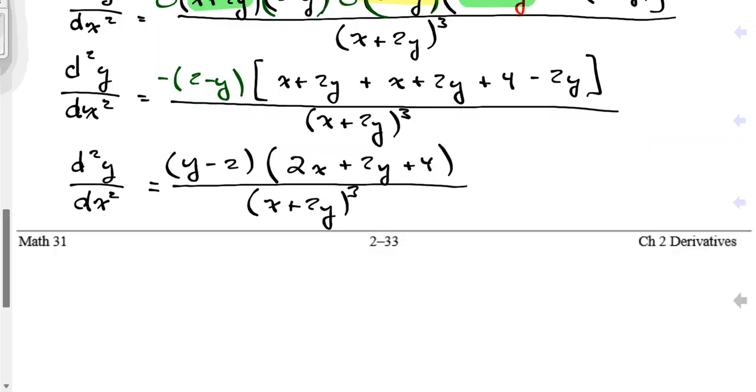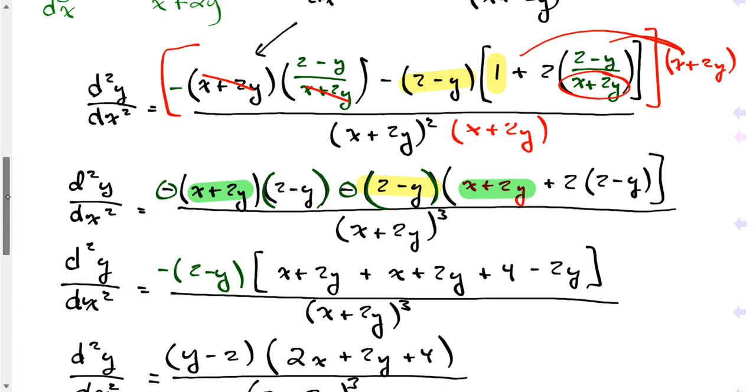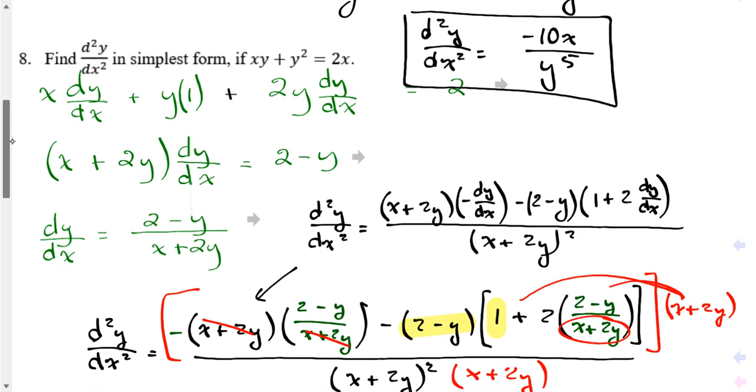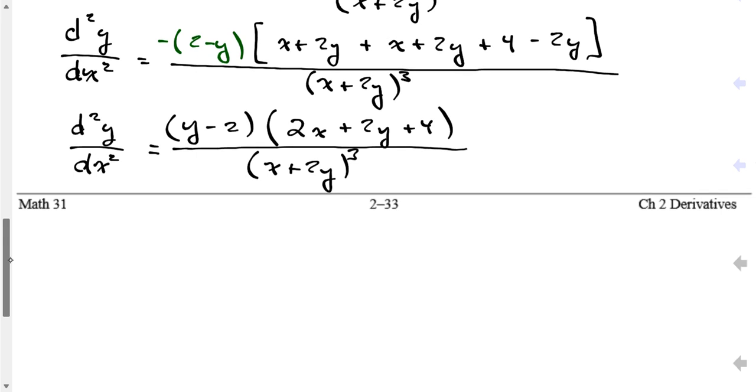Okay, at this point, I'm going to look at this last line, and I'm going to look back at my original function, xy plus y squared equals 2x. I don't see anything like that. So I want to find it. I think it's probably hidden there somewhere. So I'm going to multiply this out in the numerator to see if I can find those terms.